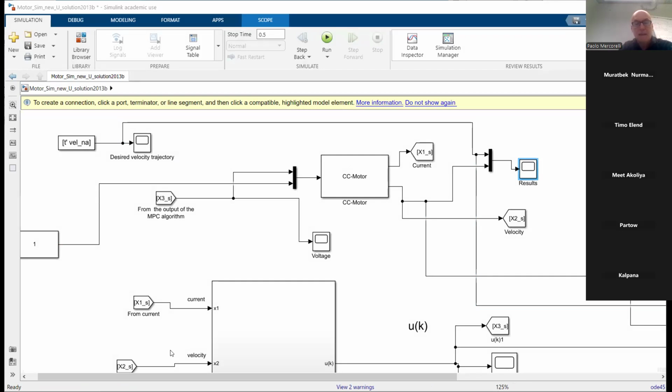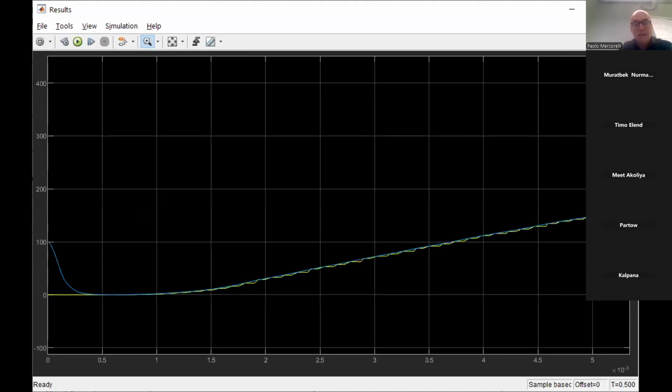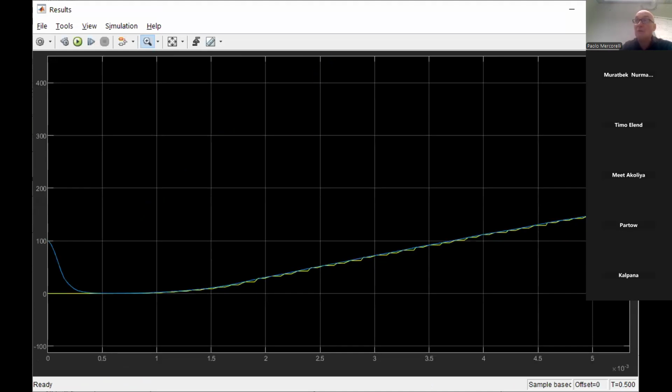We can see it is controlled more or less as before, because now I will show you Q and R. And of course, we don't have any big differences.